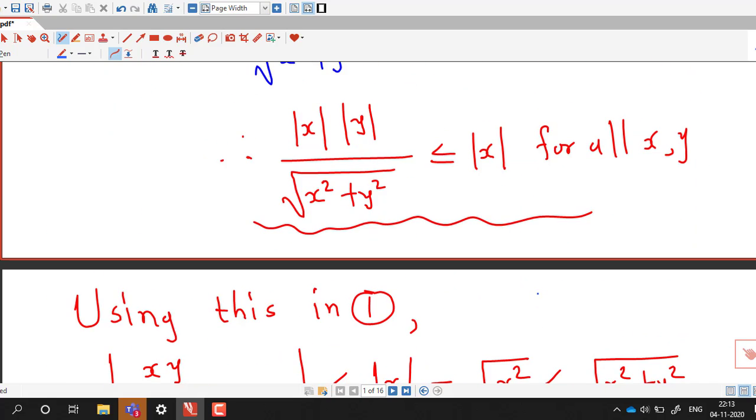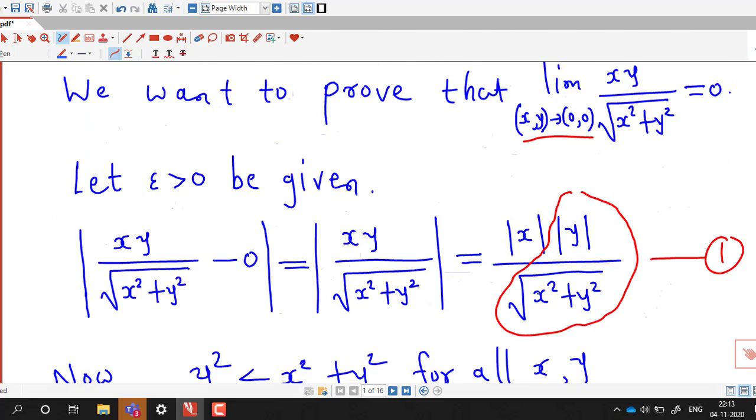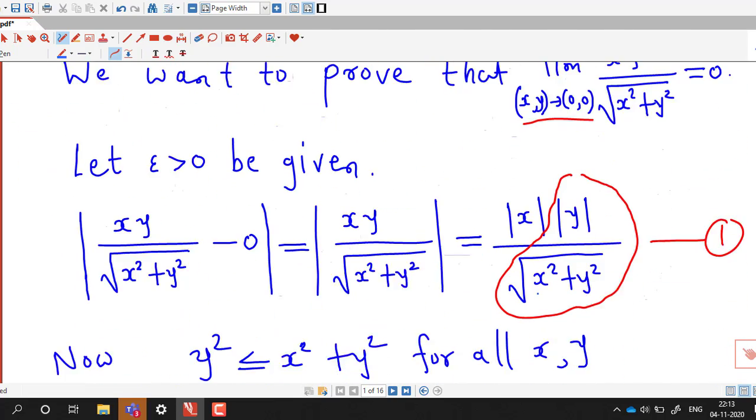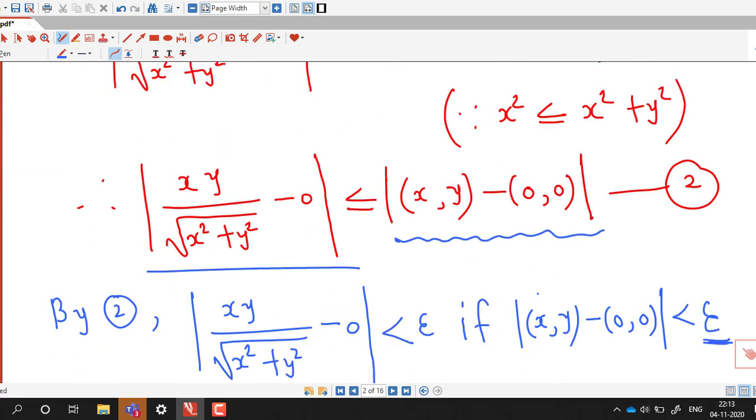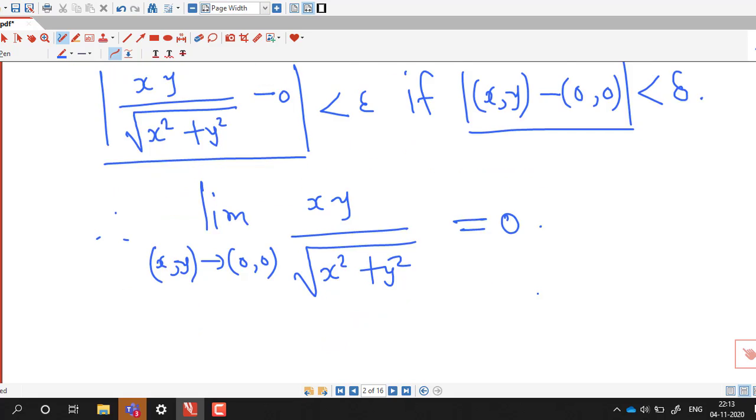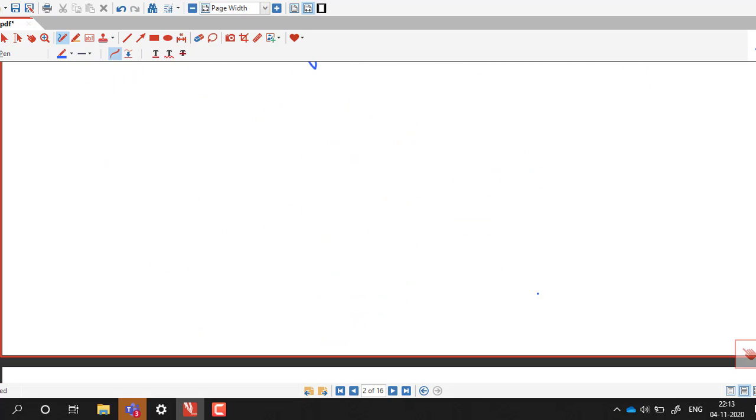So now it is not hard to show that limit exists. We only have to take care that we should find corresponding delta for given epsilon positive. So for that we always try to establish this type of relationship between these distances.